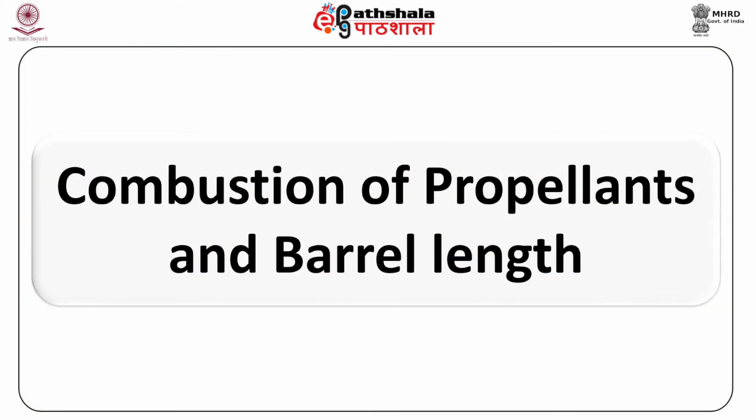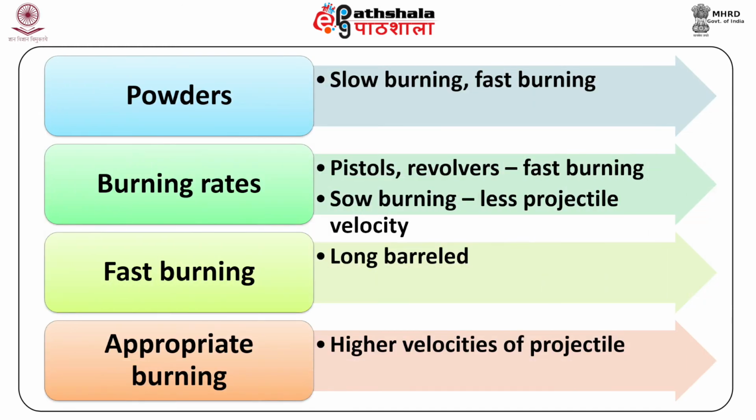Next is combustion of propellants and barrel length. There are wide variations in the rate of burning of the powders. Some powders burn quickly while others burn slowly. Various firearms require different burning rates.